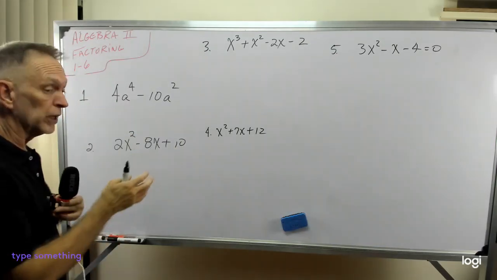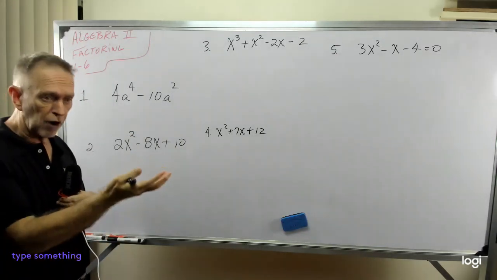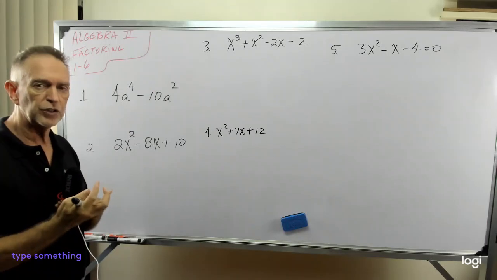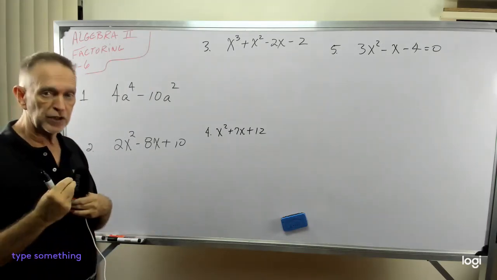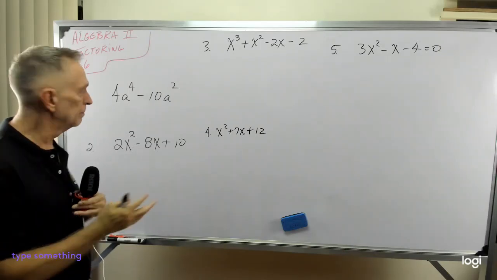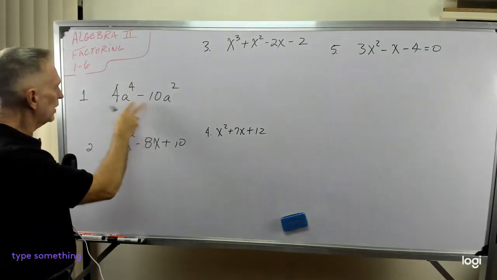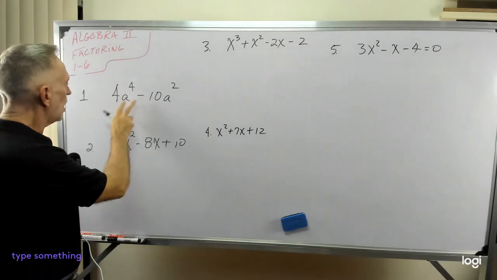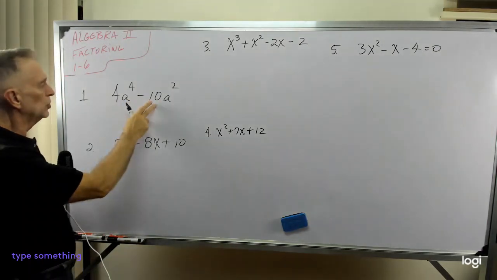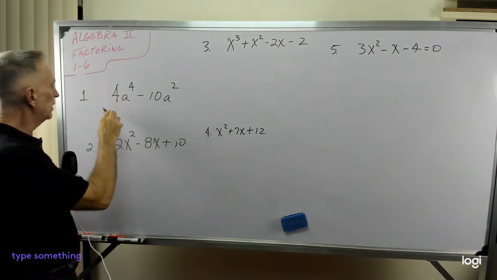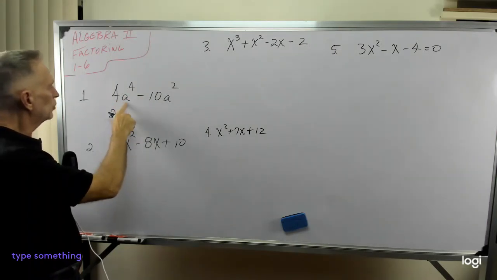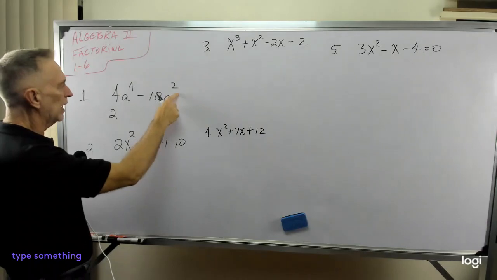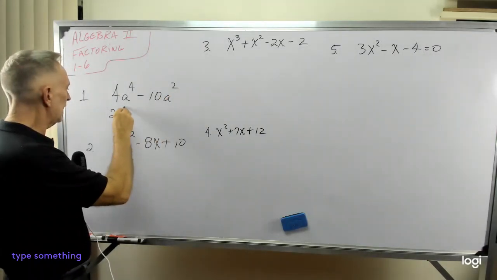So factoring is just what it sounds like. You're trying to reduce the equation down to something manageable by pulling factors out of it and organizing them. For example, in this equation you can see that the common factor between the 4 and the 10 would be 2, and between a to the 4th power and a to the 2nd power would be a to the 2nd power.